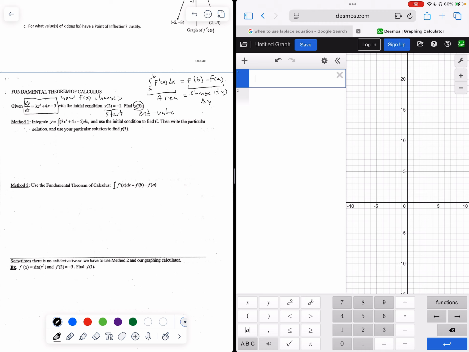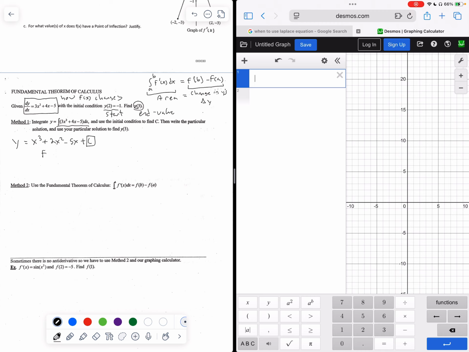To do that, we can integrate, and that's one way we can do this. We could integrate this expression, the integral of 3x squared plus 4x minus 5 dx, and use this to solve for the original function. If I were to do that, we would just get x cubed plus 2x squared minus 5x plus c. From here, we can find c.